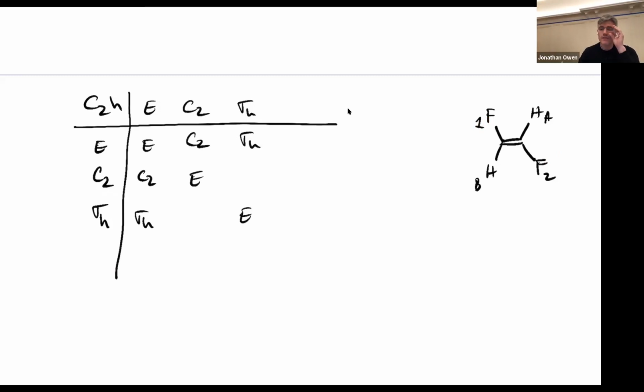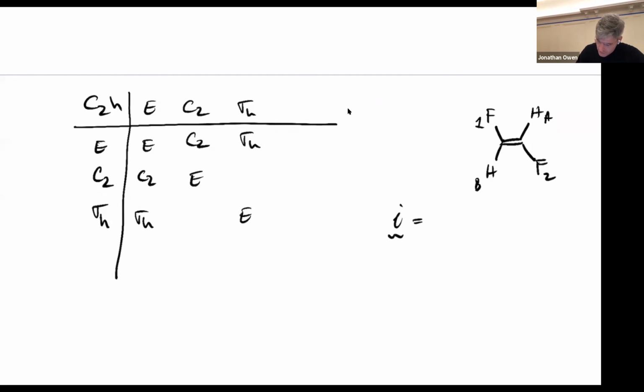What is the definition of an improper rotation? An improper rotation is a rotation followed by a reflection through a plane orthogonal to that. And so anytime you have a sigma H, you're going to end up with an improper rotation. And when it's a C2, that's the same thing as an inversion.